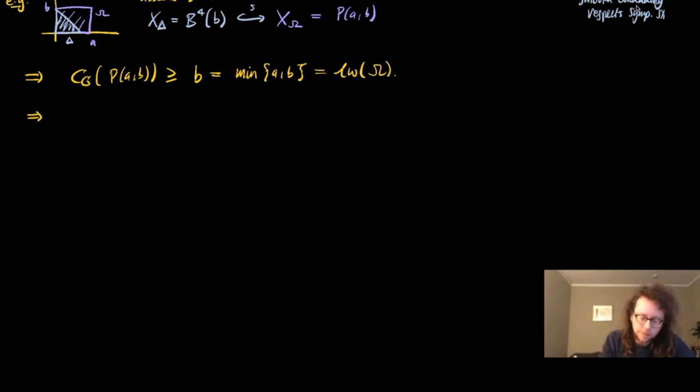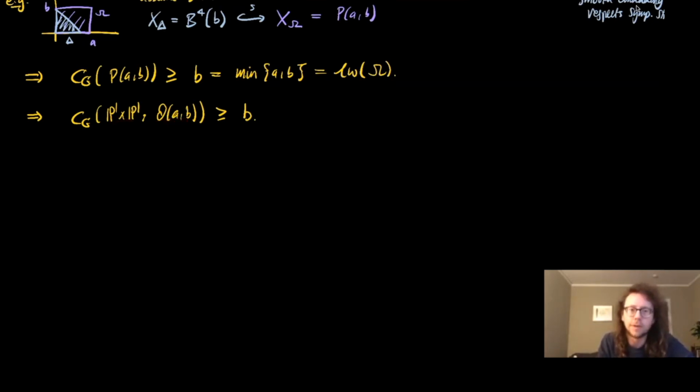So also notice that, in fact, because I can view the open polydisk as a subset of P1 cross P1, where I've equipped it with an appropriate symplectic form, this also implies that the Gromov width of P1 cross P1 with this weighted symplectic form is also greater than or equal to b.